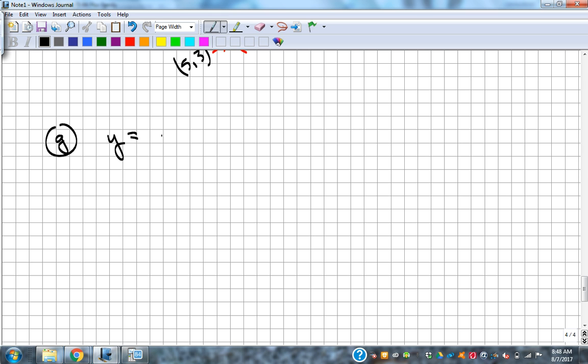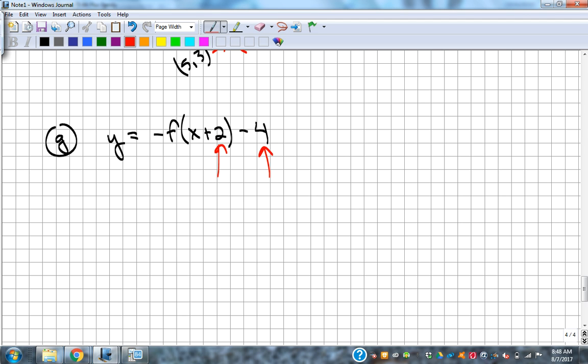So if I gave you this, we're going to draw the graph in a minute, but let's first just talk about what it does to a graph. What transformations are taking place? Well, what does this one do? What does the -4 do?